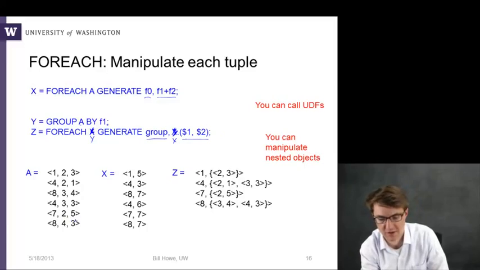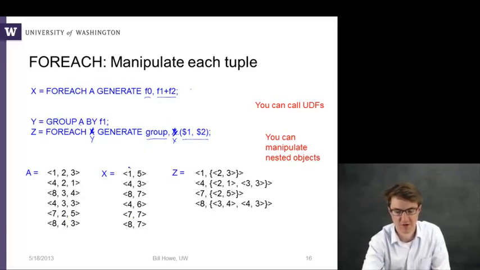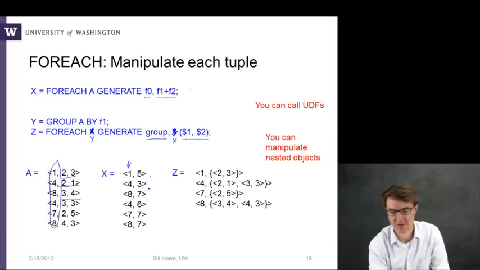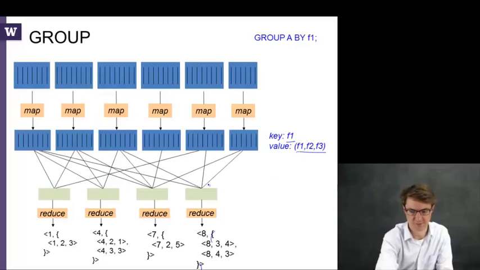For X, which is this first element here, we get the first field from A, which is this column here, and then we get the sum of the second two. So 2 plus 3 is equal to 5, 2 plus 1 is equal to 3, 3 plus 4 is equal to 7, and so on. Then down here for Z, remember that Y looks just like it did in the previous slide.